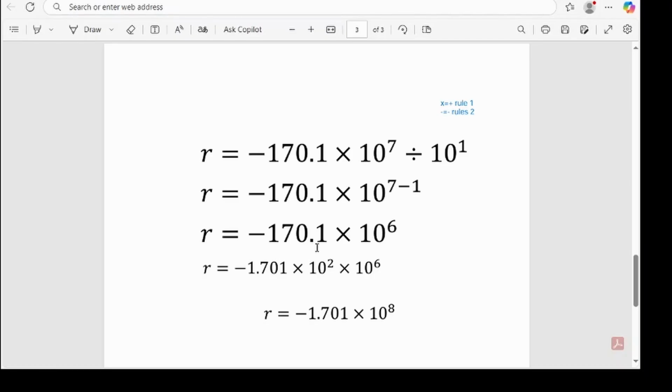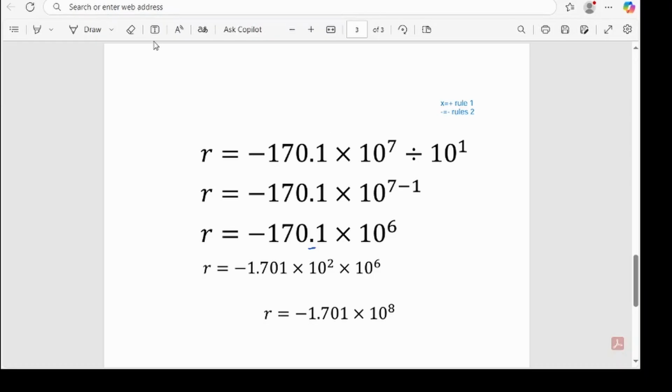This is the decimal point here, let me highlight it for you. Whenever this decimal point highlighted here in blue moves to the left side, the exponent gains power and it adds on. Whenever it moves to the right side, it loses power and it becomes negative. So that's one rule.